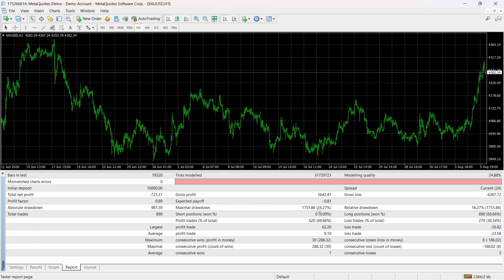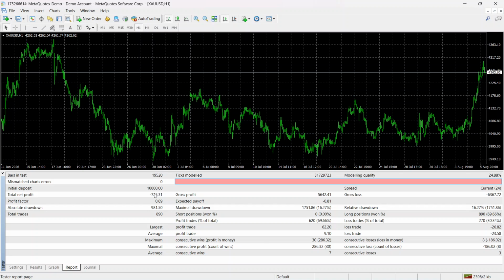Our maximum drawdown was $981.50, and we had a relative drawdown of 16 to 17%, approximately 16.27 for our maximum relative drawdown, which is higher than what they claimed.